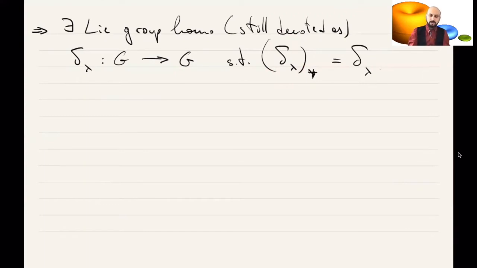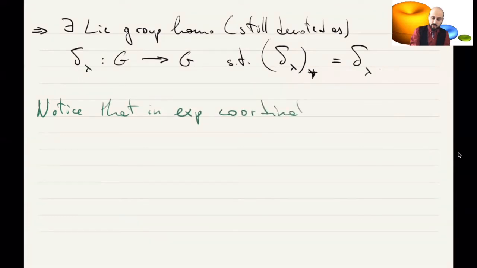Why this is not confusing is because I'll make you notice that in exponential coordinates, the two maps coincide.